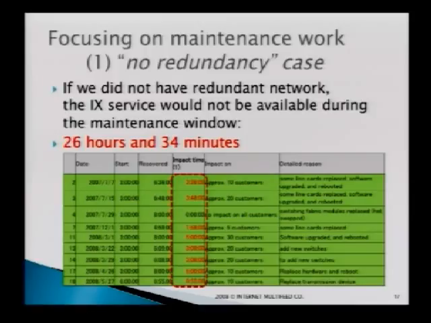Assuming this, I calculated the total time of the maintenance work was 26 hours and 34 minutes. So if we did not have a redundant network, these times are equal to the downtime.